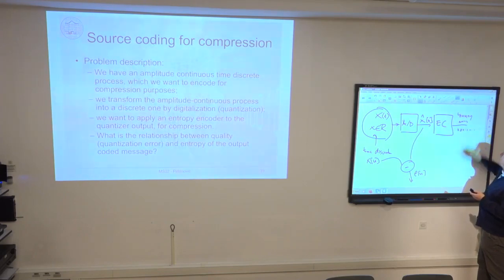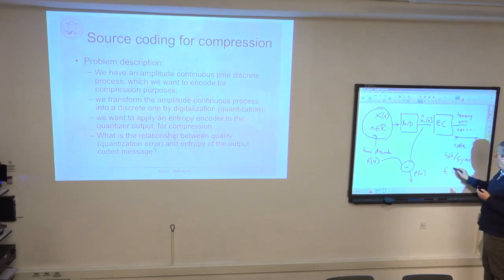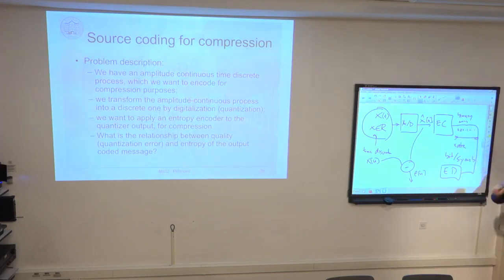So we have a binary message: 1, 0, 1, 1, 1, 1, 1. And we have some rate here as bits per symbol or bits per message, whatever. We have some transmission rate, or the channel to transmit this sequence of numbers. The entropy decoder perfectly reconstructs this encoded message if you don't have any bit error during transmission.